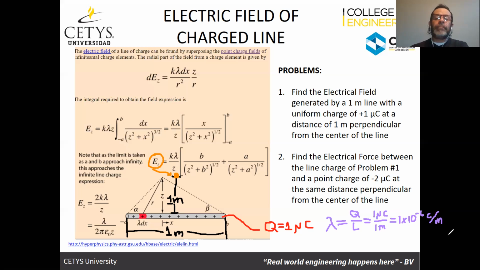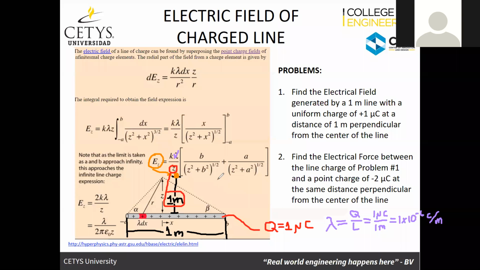Remember the multipliers, okay? So that is lambda. We know the value of Z. What's the value of Z? 1 meter. 1 meter, perfect.